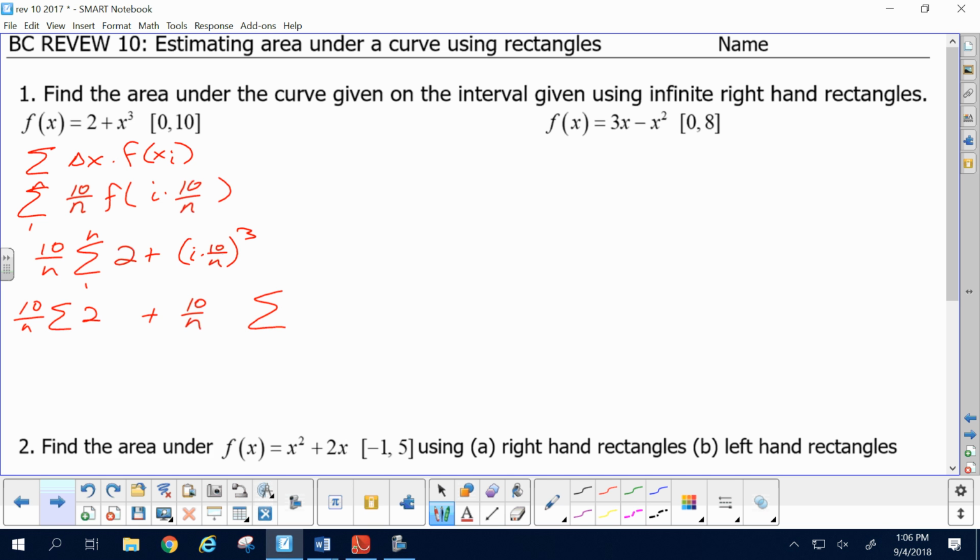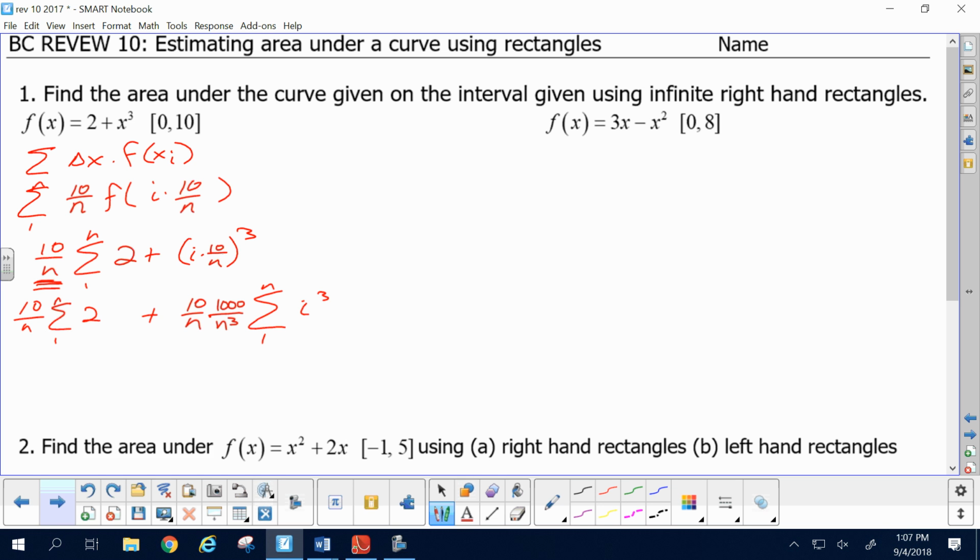So besides the 10 over n delta x I had, I would also pick up another 10 cubed, or 1,000 over n cubed, from inside of it. Leaving me in the summation only i cubed. Cool.